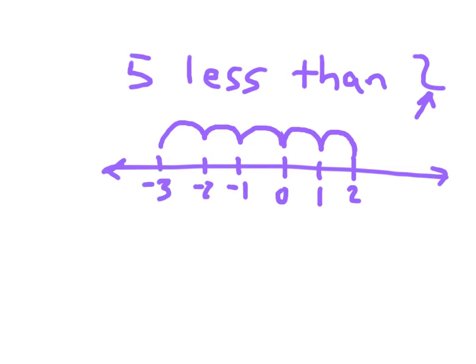That's why making and understanding how to make a number line is just as important as being able to use that number line. 5 less than 2, again, that's 1 unit away, 2, 3, 4, and 5. 5 less than 2 is -3. Writing that as a number sentence, that's 2 minus 5 equals -3.